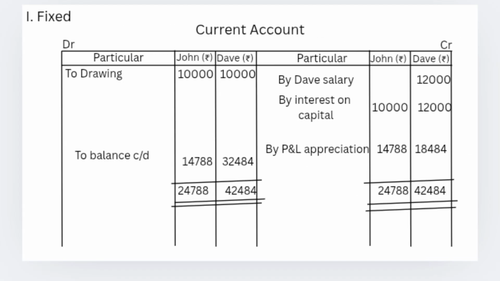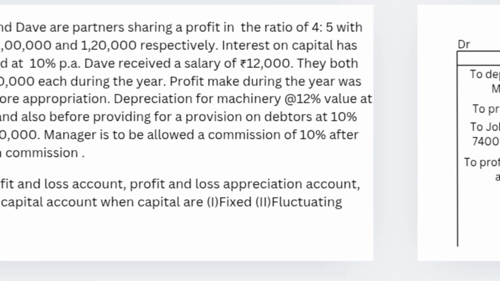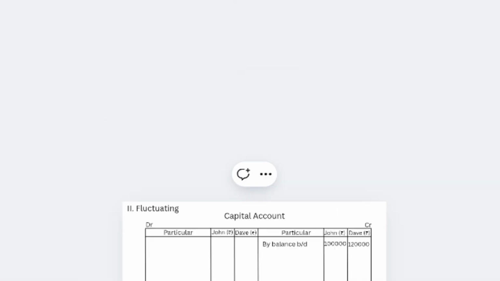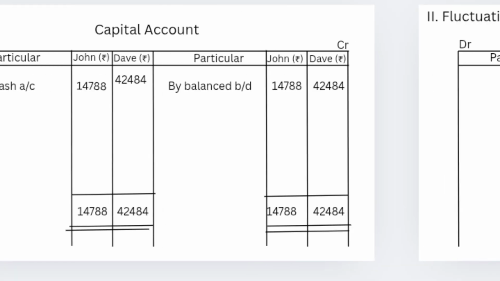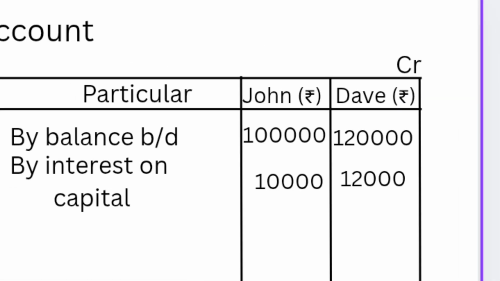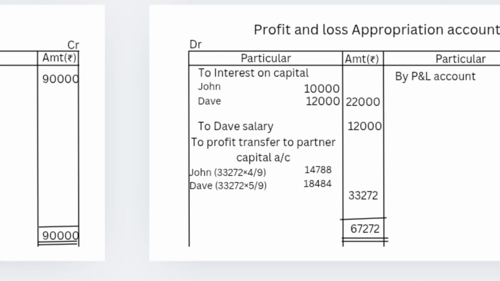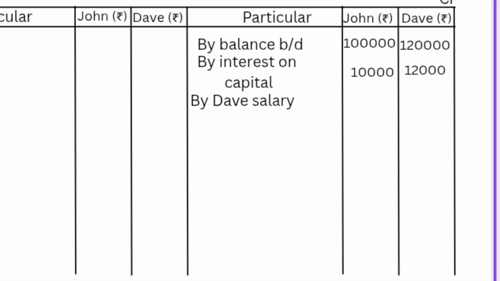The first item in the capital account when capital is fluctuating is balance brought down, which is 1 lakh and 1 lakh 20. The next item will be the interest on capital, which will be 10,000 and 12,000. The next one will be Dave's salary, which is 12,000.